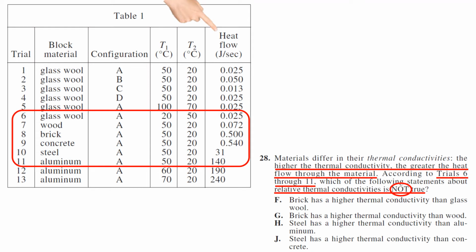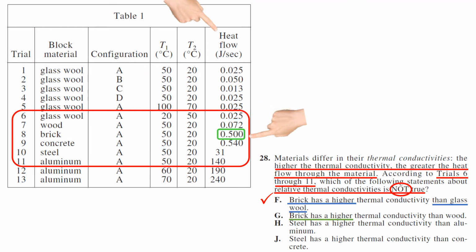Process of elimination. Choice F. Brick has a higher thermal conductivity, so brick right here, 0.5, than glass wool. So glass wool is here, so brick is higher than glass wool. So that is true, but we're looking for the one that is not true. So F cannot be the correct answer.